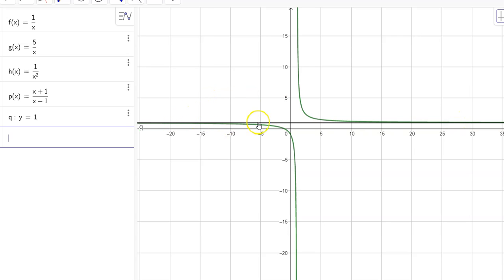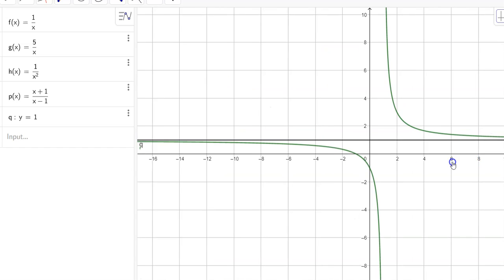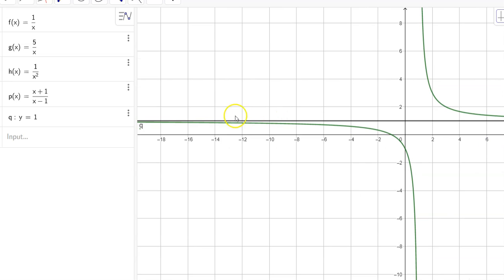So one says that this black line is called a horizontal asymptote for this function, because the function approaches this when x goes to infinity. And it also approaches the line when x goes to negative infinity. So this is an asymptote when x goes to plus or minus infinity.